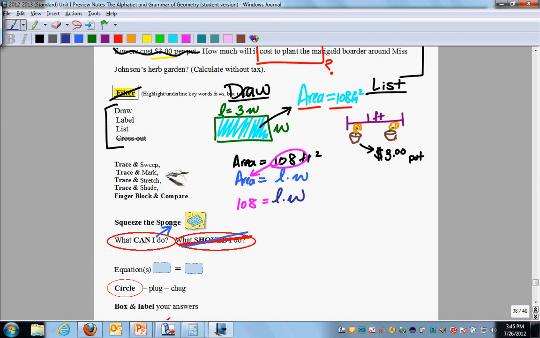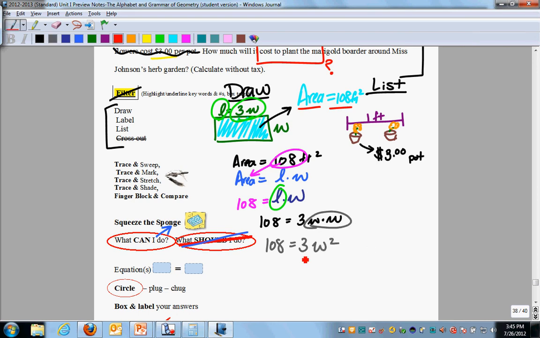So let's see what we can do to get down to one variable. Length, we can replace with 3W. So it's 108 equals 3W times W. Now we're going to solve for W. That's 108 equals 3W times W, which is not 2W. It's W squared.